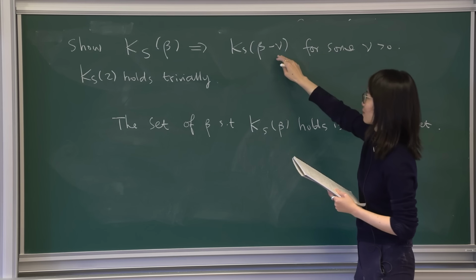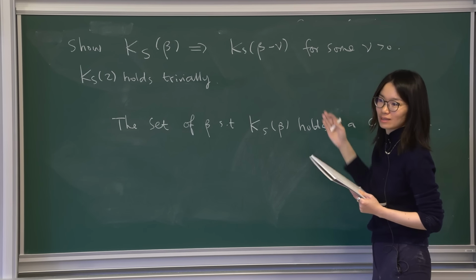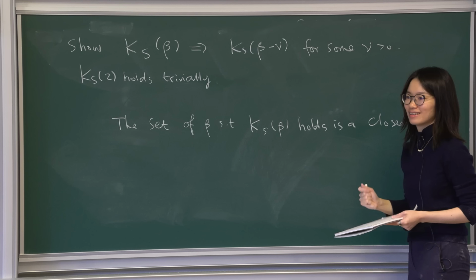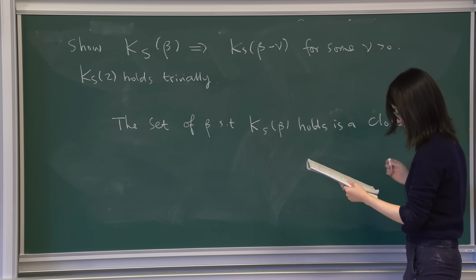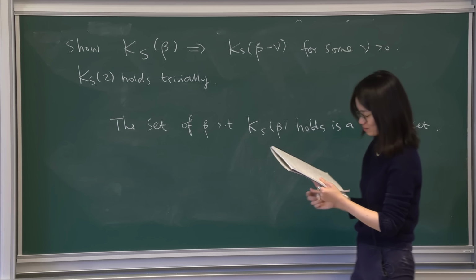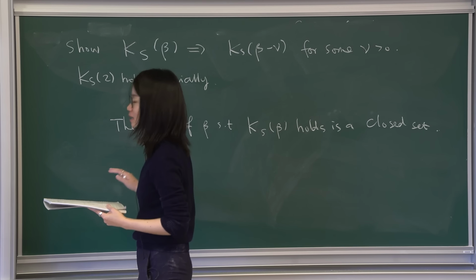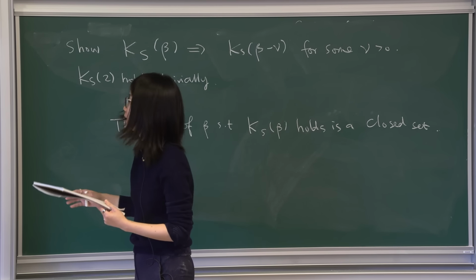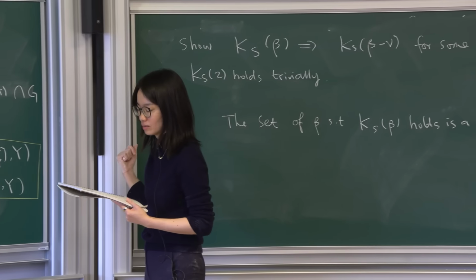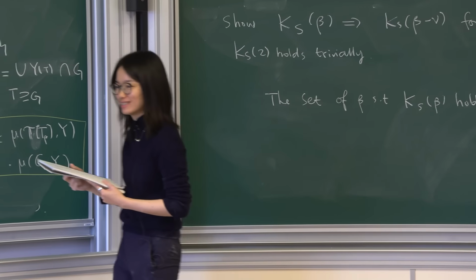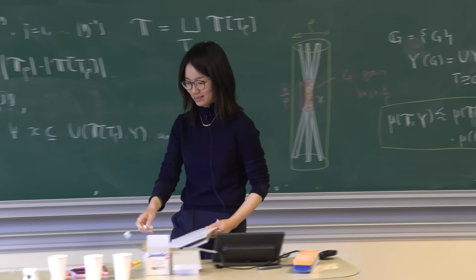So we don't have to keep track of how small nu is. That's it. And that's why we have these two parameters. So yeah, I will stop here, and starting from next time I'm going to talk about the argument. Thank you.